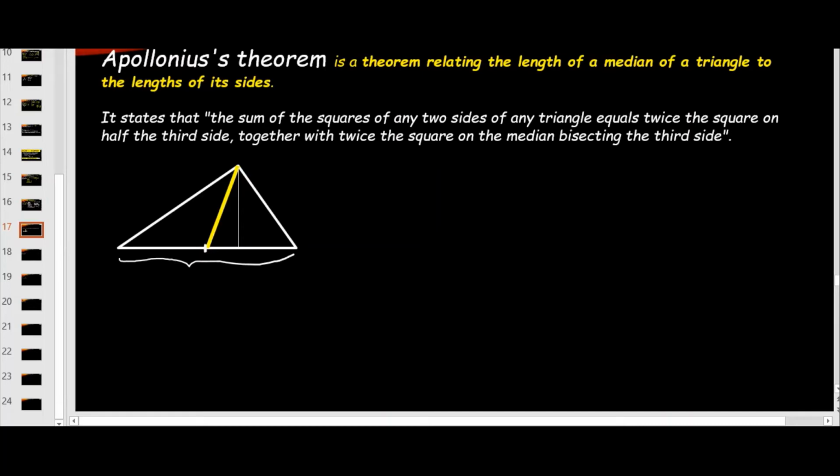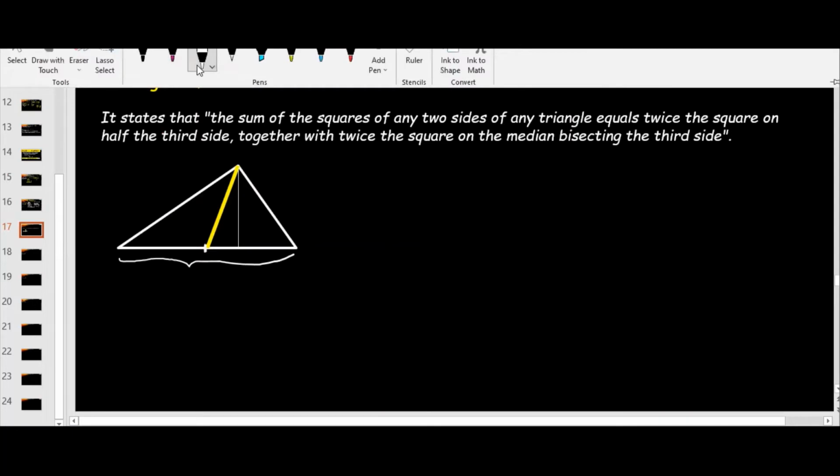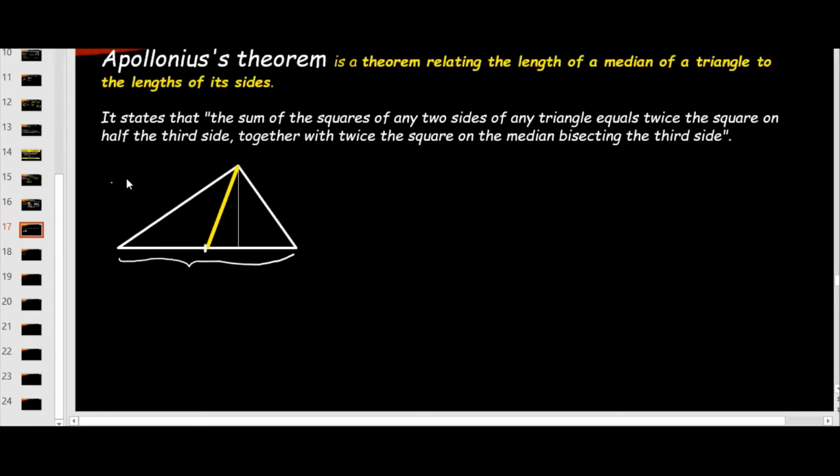Okay, so let me name this triangle first. This is A, this is B, this is C. This point I am taking as D. It's a perpendicular length. AD is perpendicular to BC. So this becomes 90 degrees on both sides.